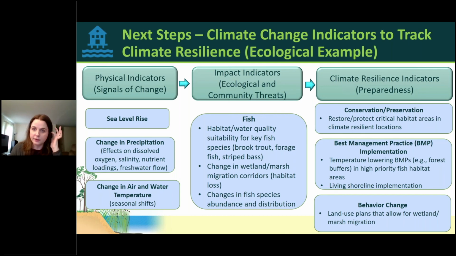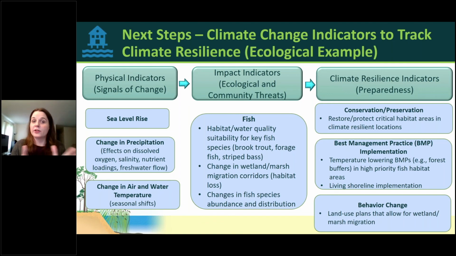We're also looking at what we were calling behavior change. Given the projections and what we're facing, we're going to have to adapt. So can we start building into our plans, for instance in our land use plans, allowances for wetland and marsh migration? These are the sorts of things we're thinking about.